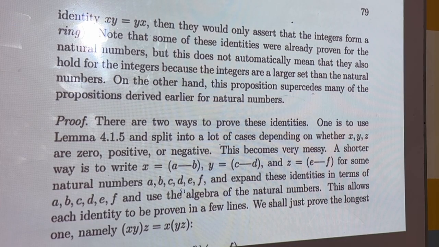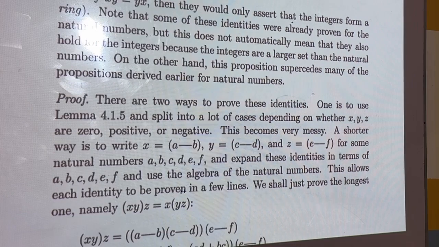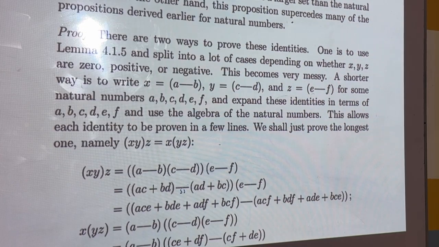There are two ways to prove these identities. The best way is you take x as a minus b, y as c minus d, z as e minus f, simplify both sides, and you get the same thing. That's the best way to prove. But you should write it. He is doing it. X, y, z. First he multiplies x and y.